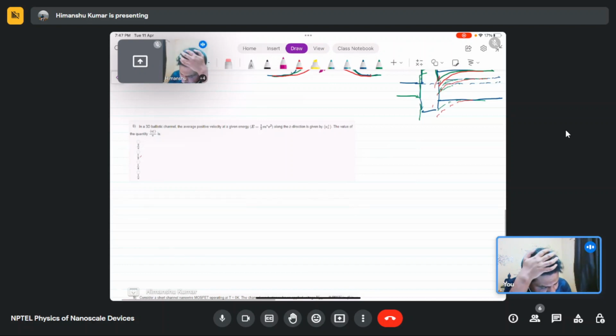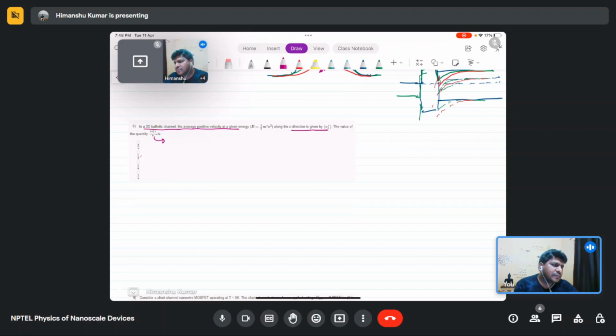Now for the 3D ballistic channel, the average positive velocity at a given energy along the z direction is given as the average of Vz plus divided by V. This V is basically your ballistic injection velocity.